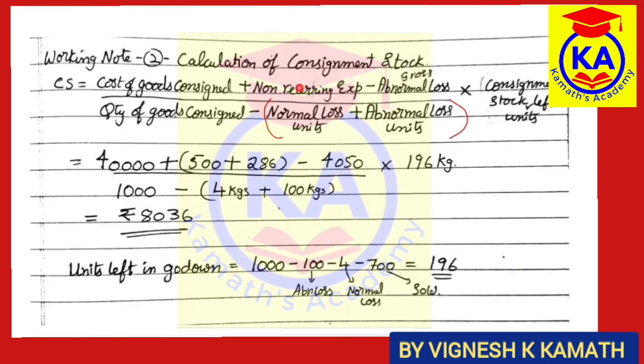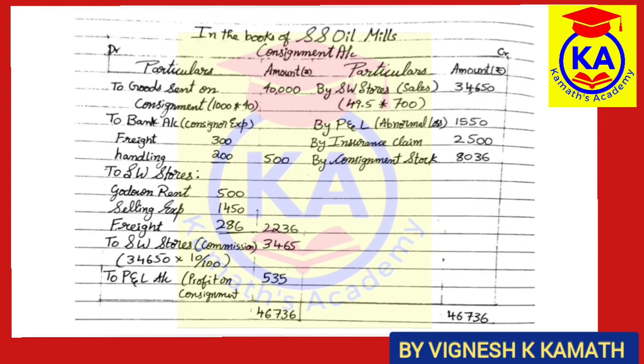40,000. Add non-recurring expenses. Here non-recurring expenses were incurred by both the consignor as well as the consignee. You have to consider all the consignor's expenses as non-recurring expenses. So 500 will be the consignor's non-recurring expenses. Now in the consignee's, can godown rent be a non-recurring expense?